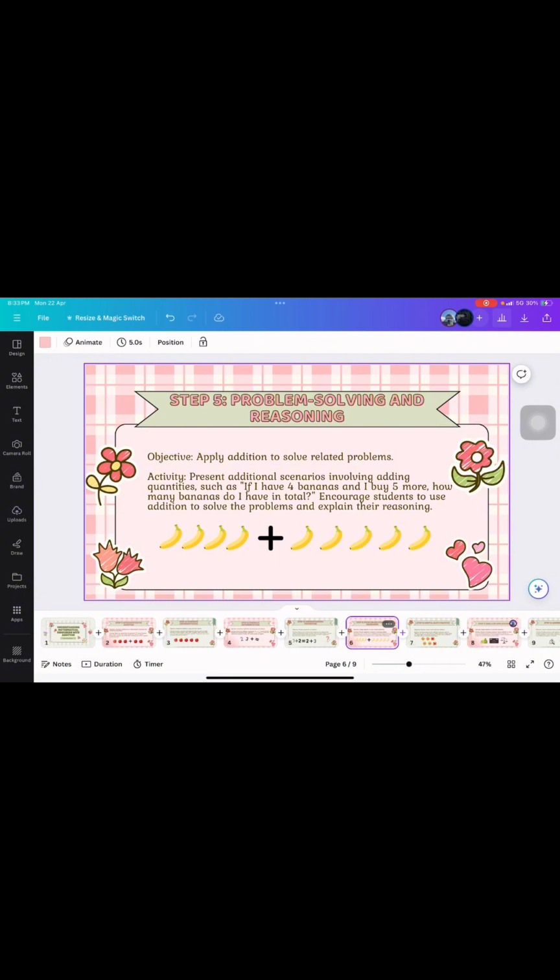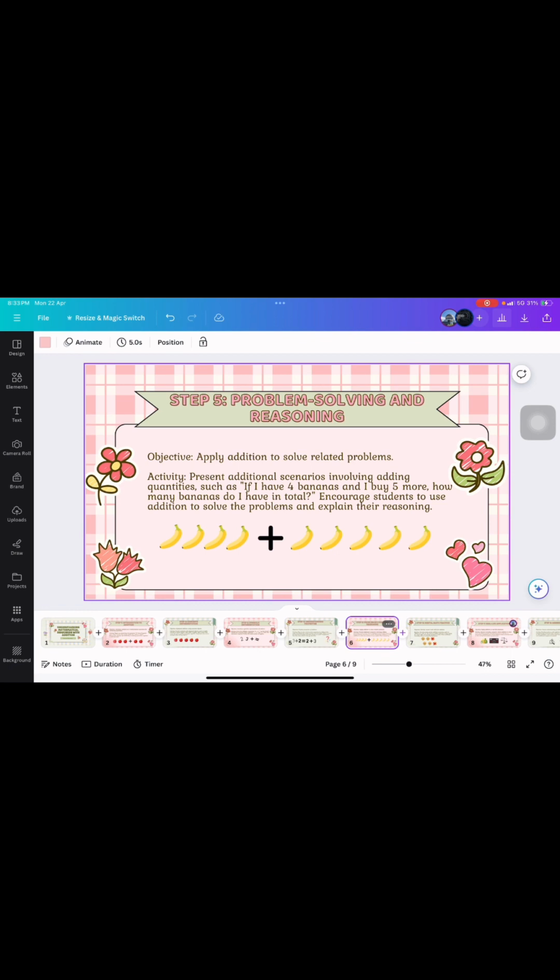Let's use addition to find the total number of bananas. The 4 represents the number of bananas I already have, and the 5 represents the additional bananas I bought.